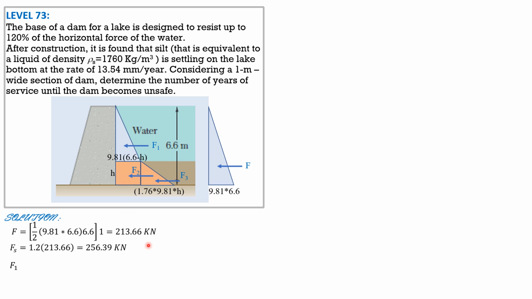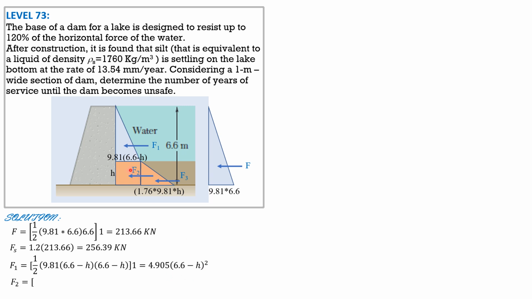So F1 is equal to 1 half of 9.81 times quantity 6.6 minus H times height 6.6 minus H, times 1 perpendicular to the board. Simplifying, 4.905 times quantity 6.6 minus H squared.